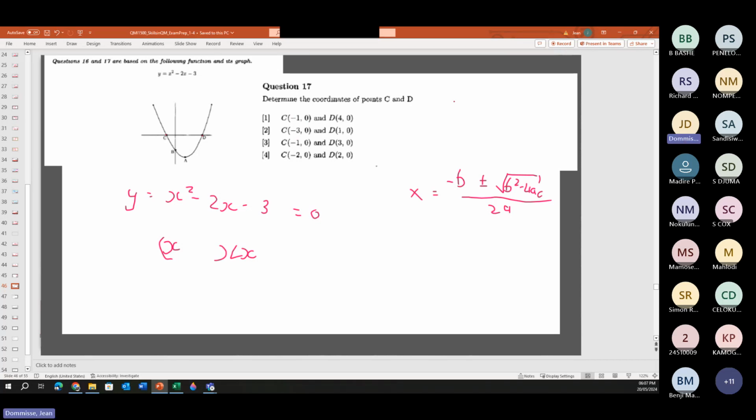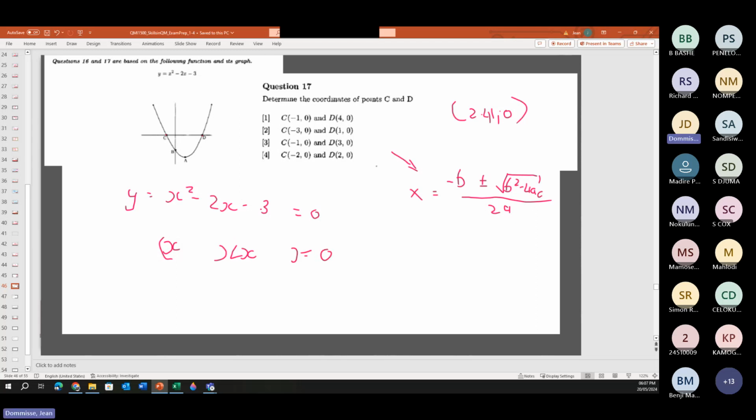If those numbers were something like 2,41 with 0, then I would have used this formula to work out the roots. But because it looks like very nice whole numbers, I will be able to factorize this.